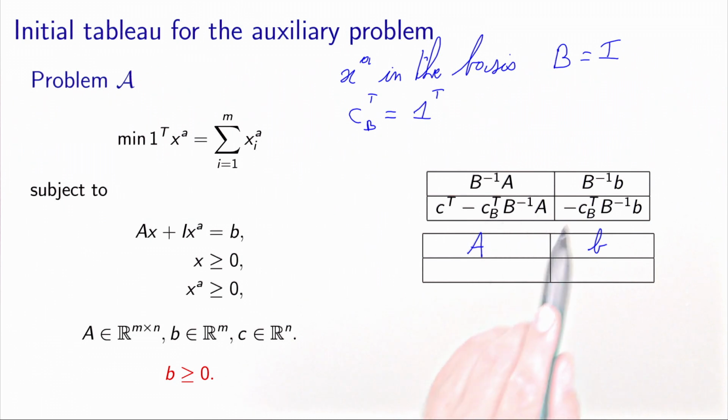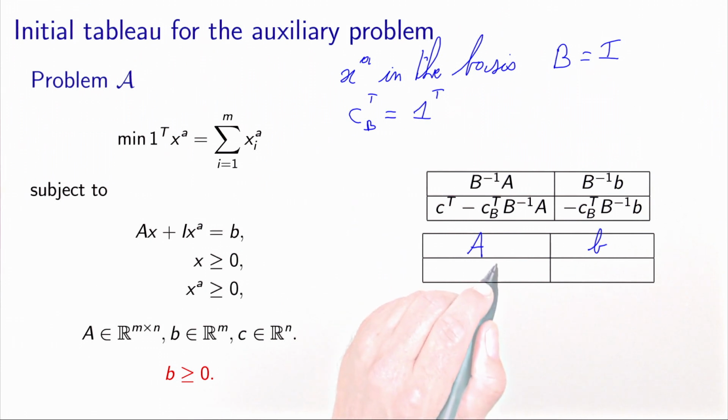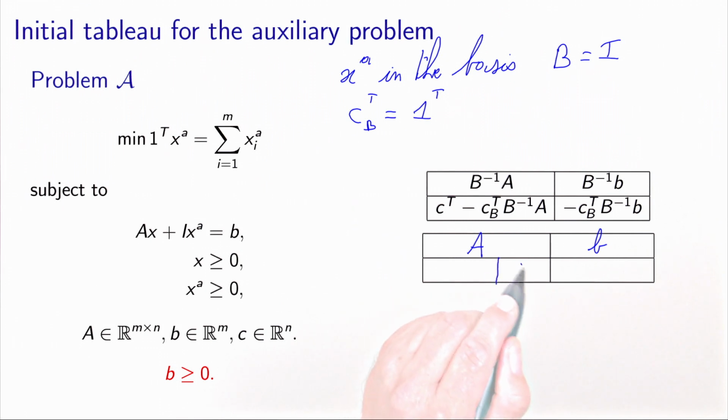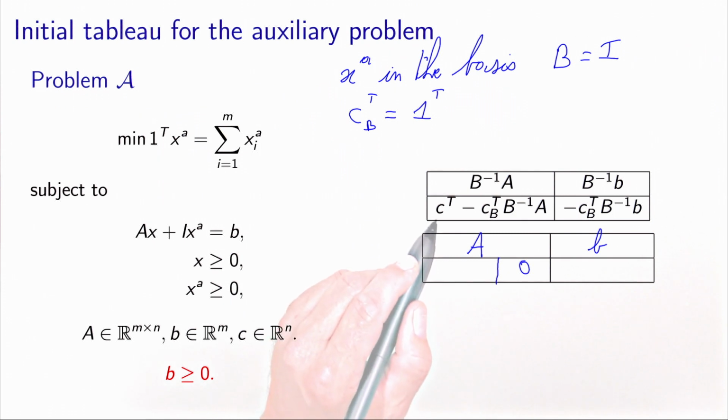Now let's look at the reduced cost. We need to calculate the reduced cost for the basic variables, so the auxiliary variables. We know this is 0. The reduced cost for every basic variable is equal to 0. And now we need to calculate the reduced cost for the non-basic variables. In this case, the cost coefficient is 0 because there is no original variable in the objective function. So c here will be 0 for the non-basic variables.